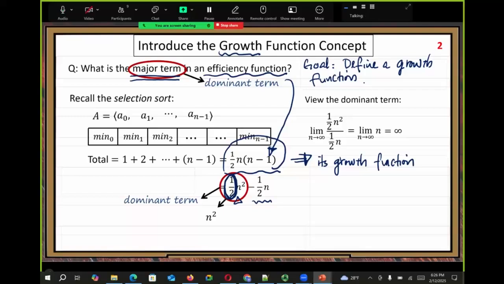The growth function is used to characterize the algorithms.